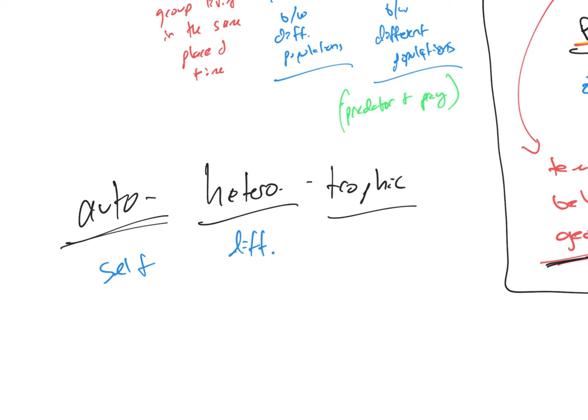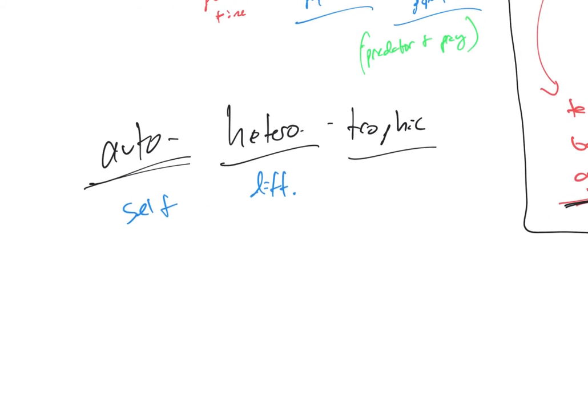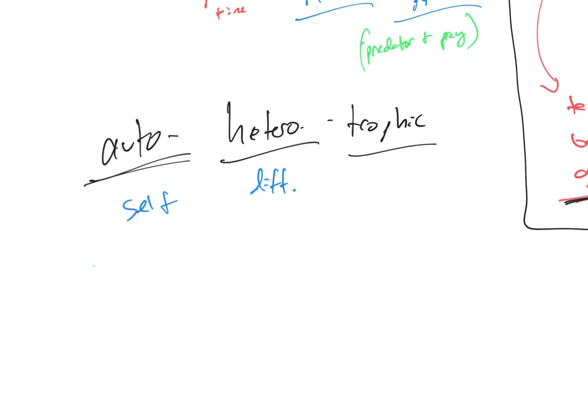So an autotrophic organism makes their own organic compounds. Heterotrophs must consume organic compounds.